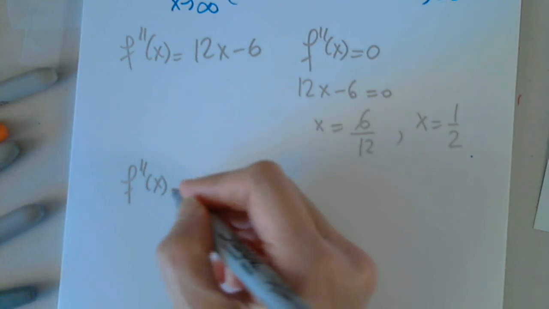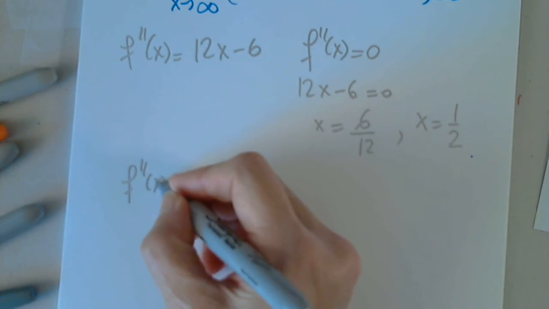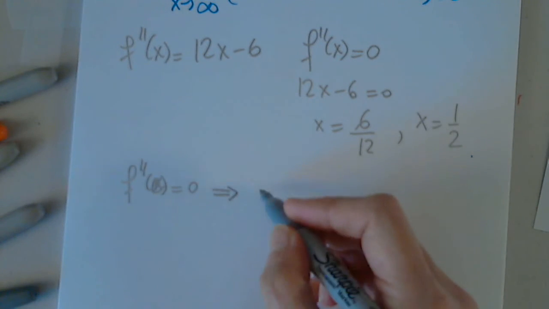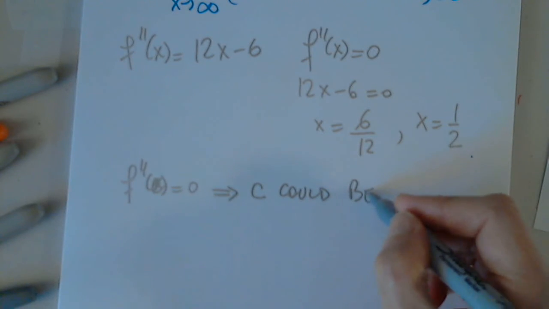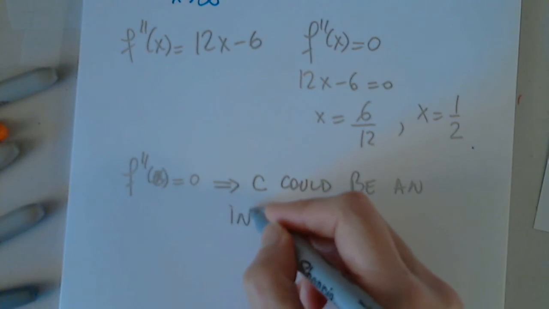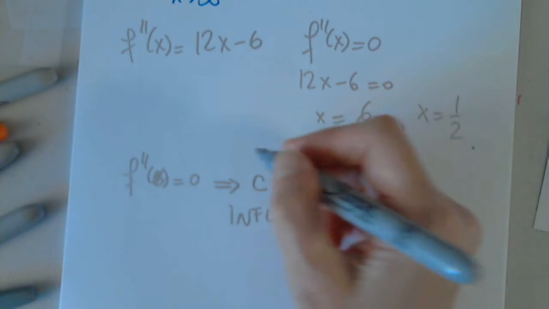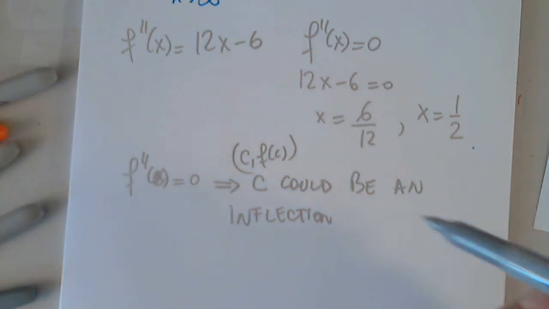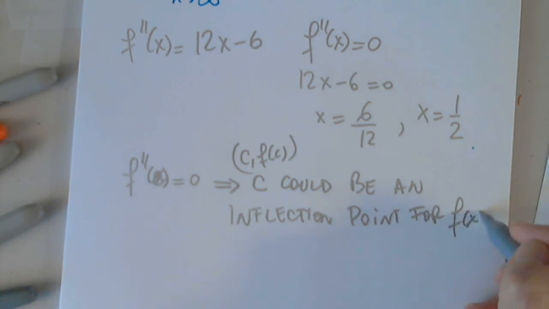If the second derivative is 0 at a point, I'm going to call it C, or x value C, then C comma f of C could be an inflection point for f of x. What does an inflection point mean, first of all?